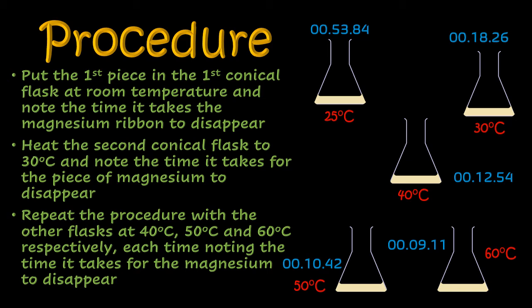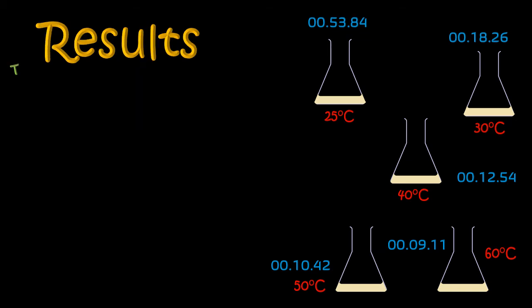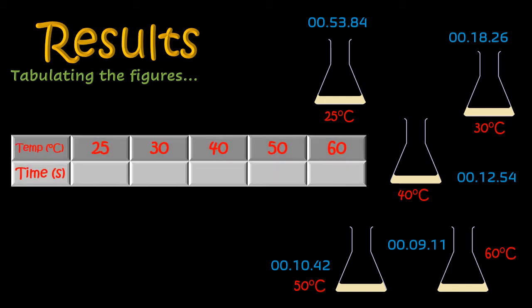Now, how then do we relate our results, or how do we manipulate this data? Normally, you'll be provided with a table, and since it is temperature that we are varying, the table will already have filled out values for temperature, so that all you have to do is slot in the time recorded for the magnesium ribbon to disappear.